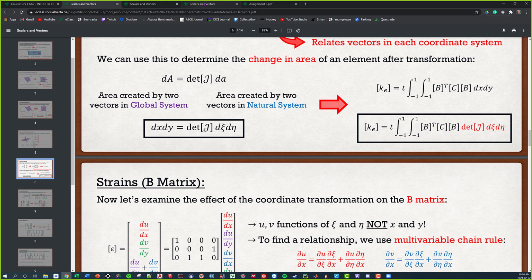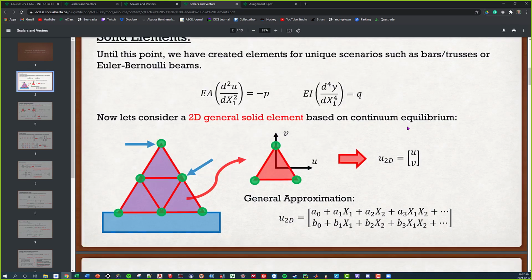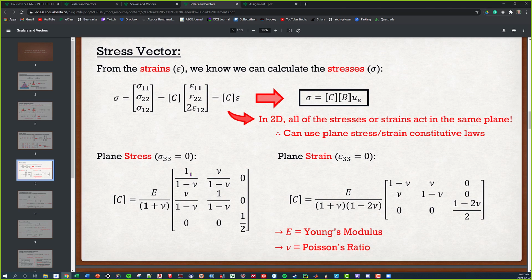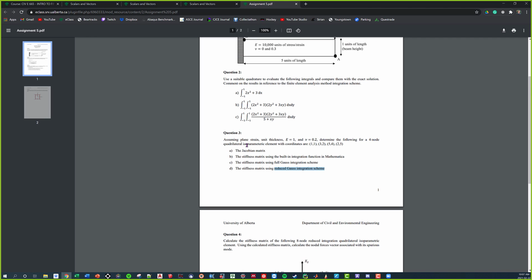That's why I opened up our old general solid elements slides, because if we scroll down to when we talked about C, we said that C depends on if we pick plane stress, which is going to be this one, or if we pick plane strain. Now, if we look at our assignment over here, it says very clearly that we want to assume plane strain.